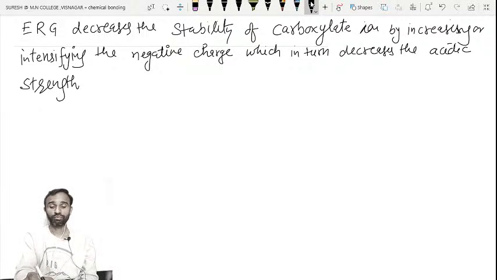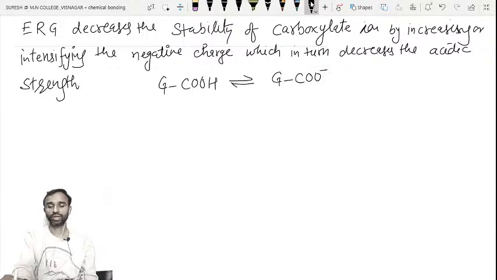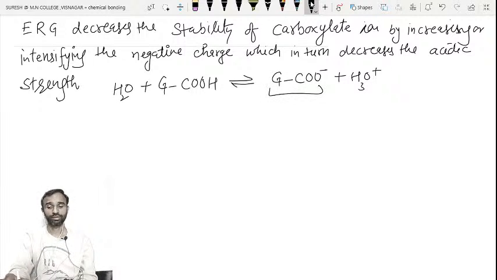Yes, because say this is RCOOH in equilibrium with RCOO negative plus H plus, or if you write water as well, H3O plus. If it becomes more stable, equilibrium shifts forward.